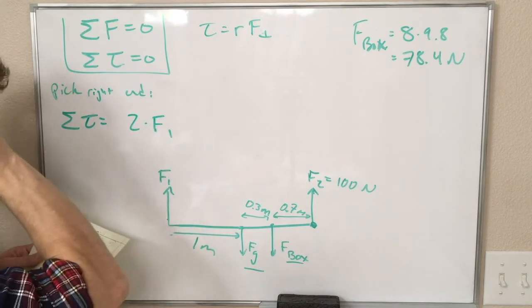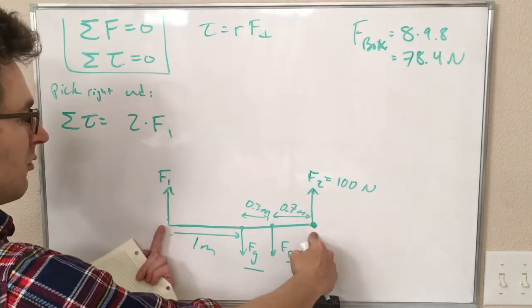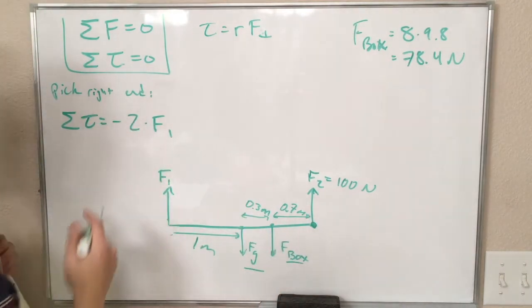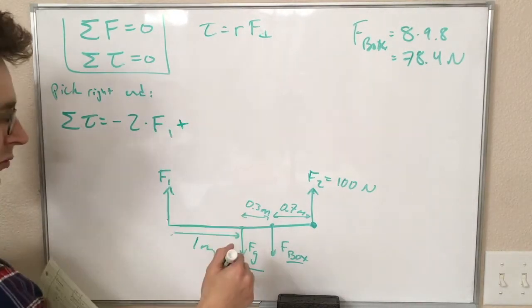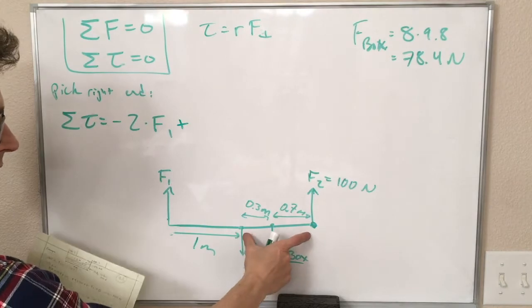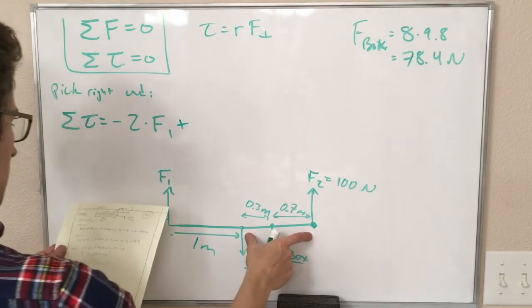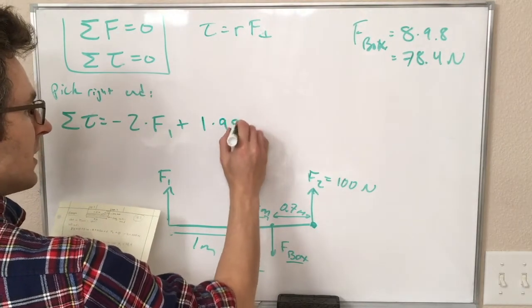And around this point, force 1 would give us a clockwise turn, so this also needs a minus sign. Now we have gravity, which is 1 meter away and is still 98 newtons. So we have 1 times 98 newtons.